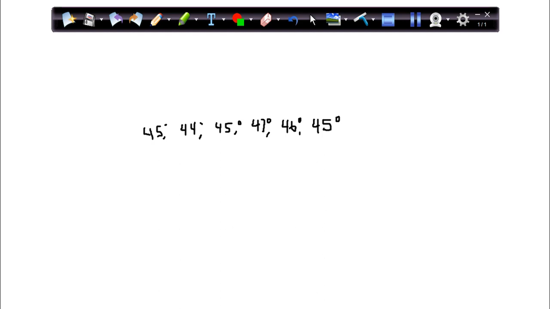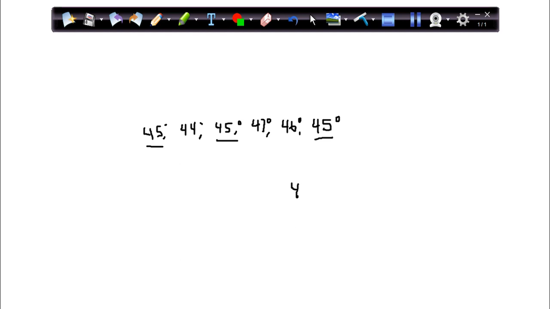Well, the temperature 45 degrees occurs most often, 3 times. 45, 45, 45. So whatever occurs most often is your mode. 45 shows up 3 times.